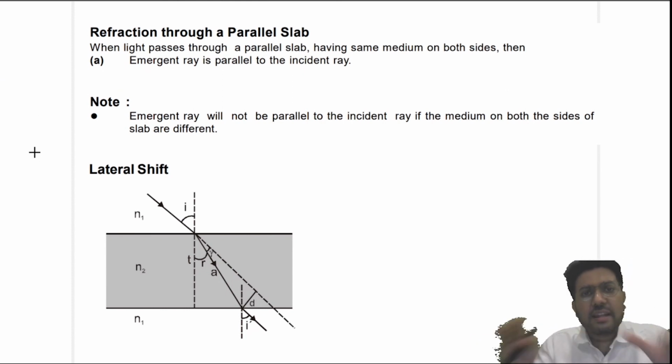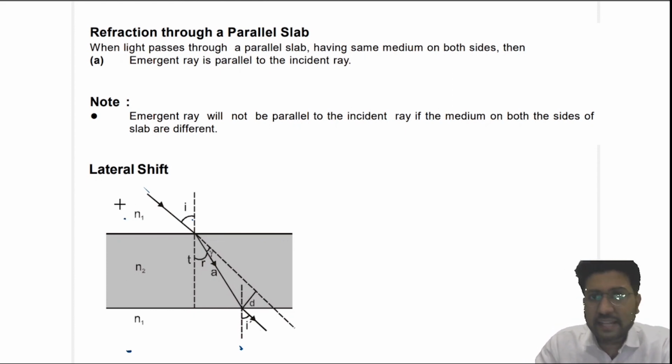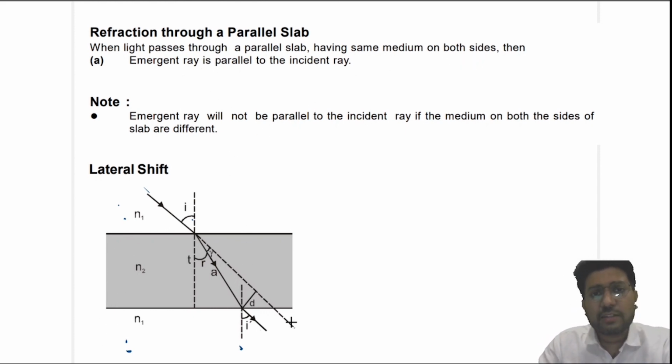So if you have a parallel glass slab, in that case, when the light ray passes from this medium and reaches this medium, these two rays are parallel provided the medium on both sides of the slab is same. So what I will write here: when light passes through a parallel slab having same medium on both sides, this is important, then the emergent ray is parallel to the incident ray, but it is laterally shifted.